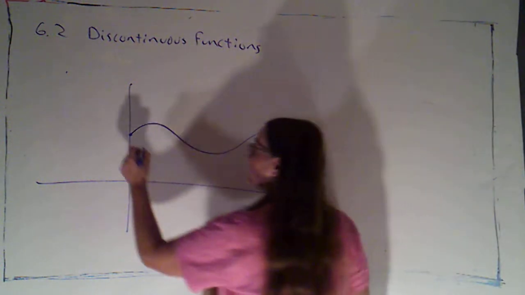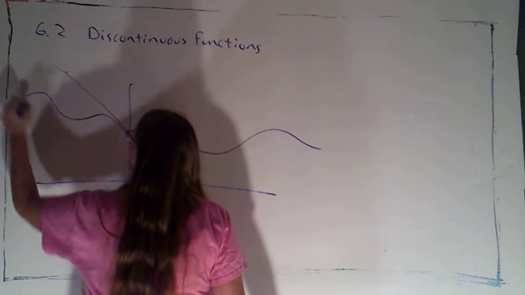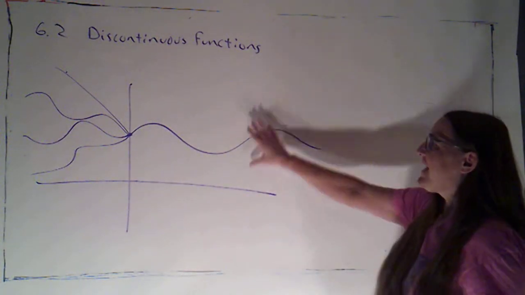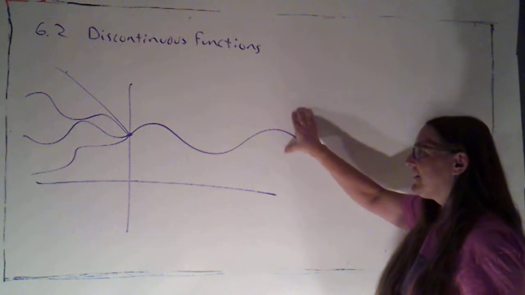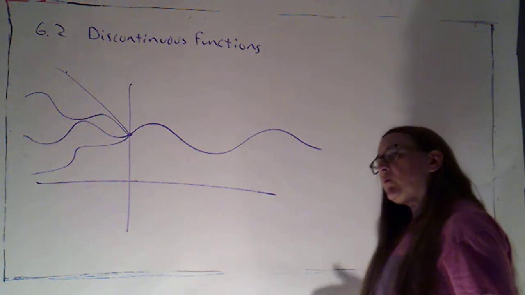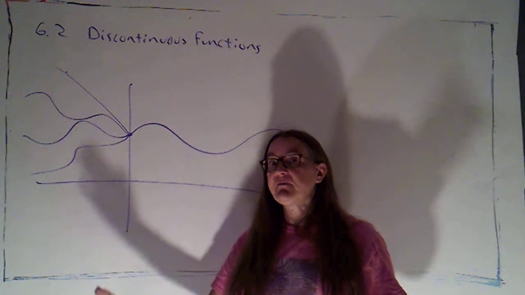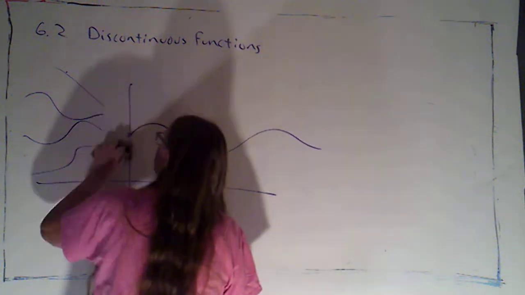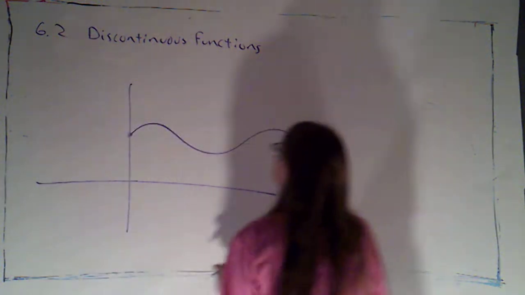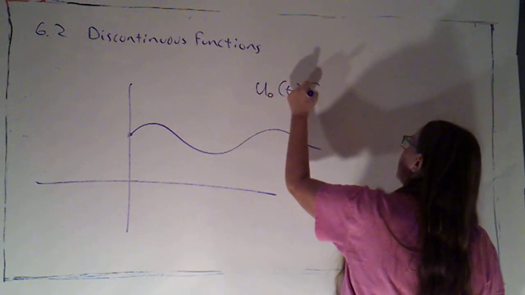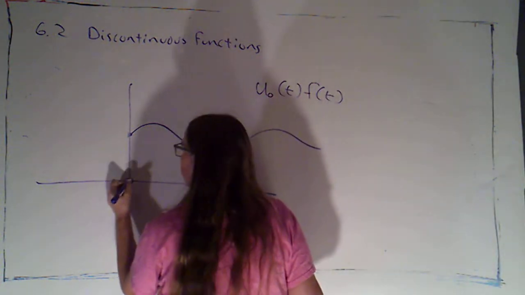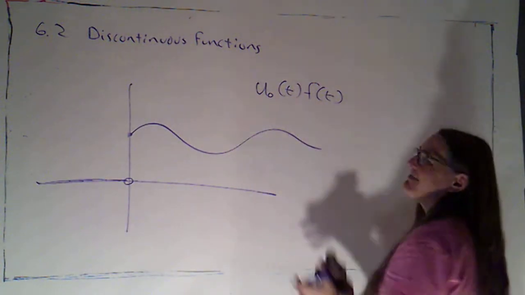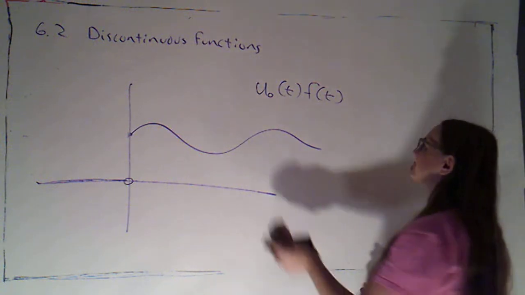But there could be infinitely many different functions defined on the entire real number line that match this function on the interval from 0 to t. So if I want my inverse Laplace transforms to give me a unique function defined on the entire real number line, what I can do is simply define them to be mu sub 0 of t times f of t. So that essentially my function is turned off until time 0, and then I get the inverse Laplace transform.